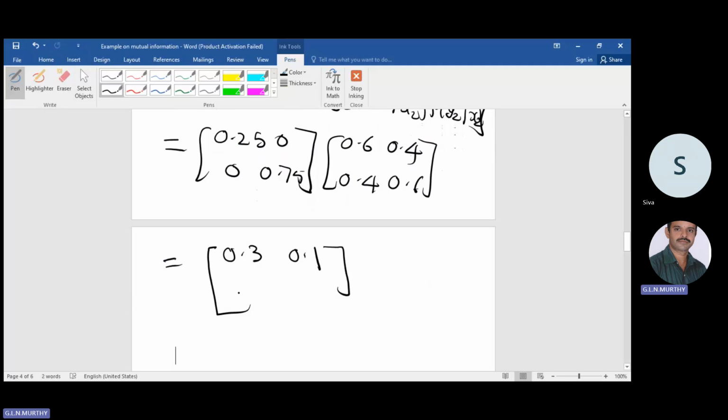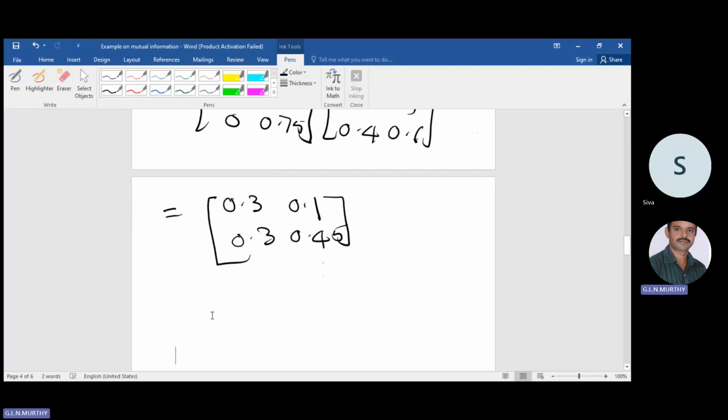If you multiply, this is again 0.3, and this will be around 0.45. Now I know the joint probability matrix. This is your joint probability matrix, P of xi yj, equal to 0.3, 0.1, 0.3, 0.45.